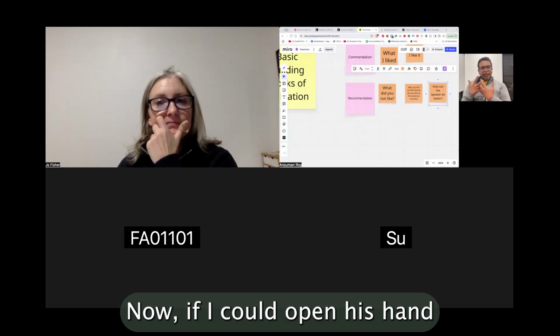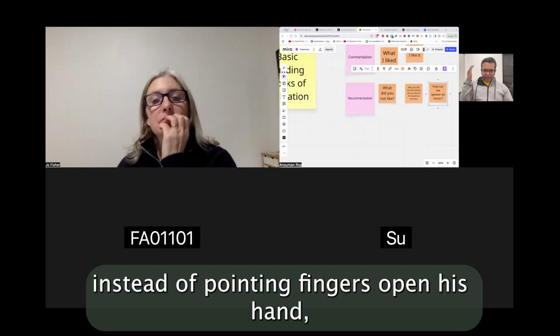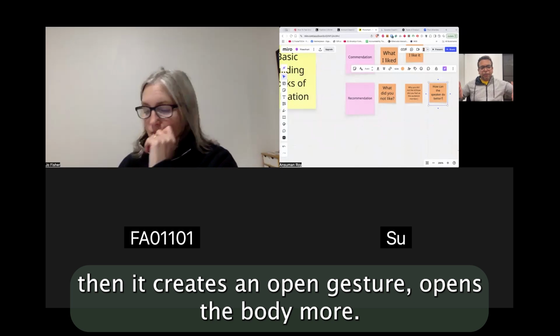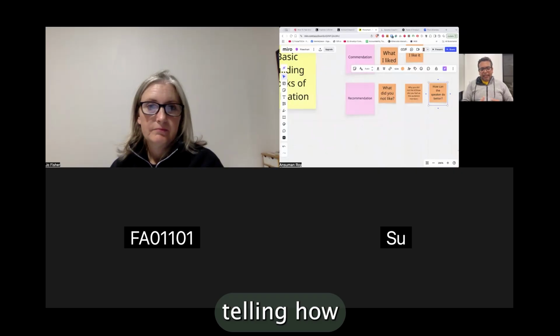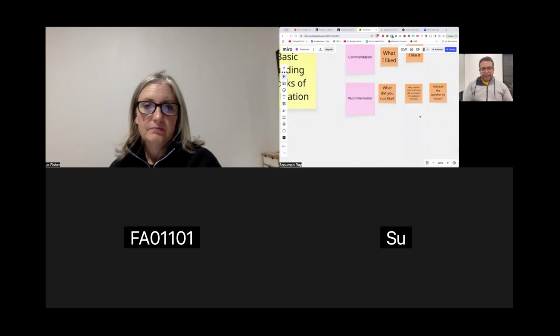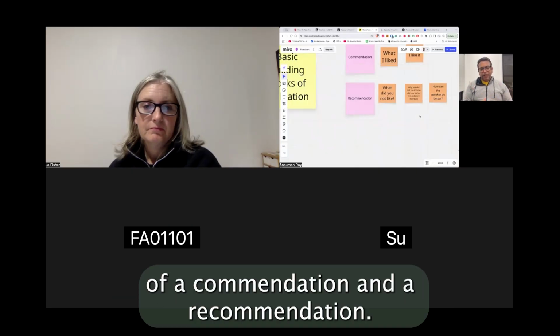Now, if Abhilash could open his hand instead of pointing fingers, then it creates an open gesture, opens the body more. And this is the gift you, as an evaluator, are giving to the speaker, telling how he or she can do better. That's it. That is the basic building block of a commendation and a recommendation.